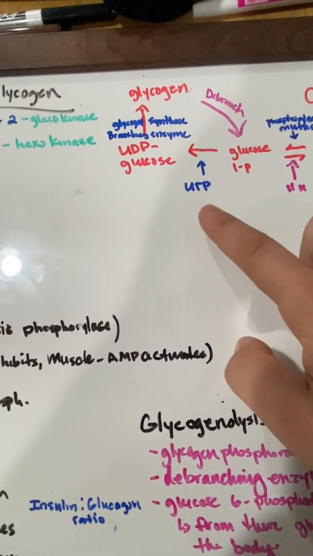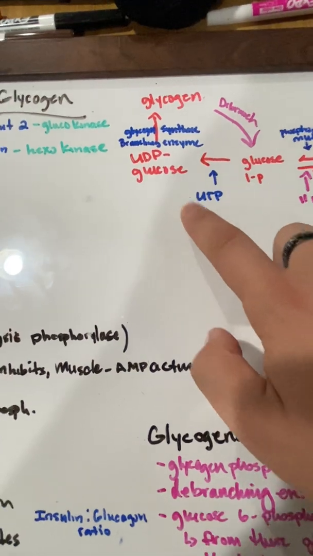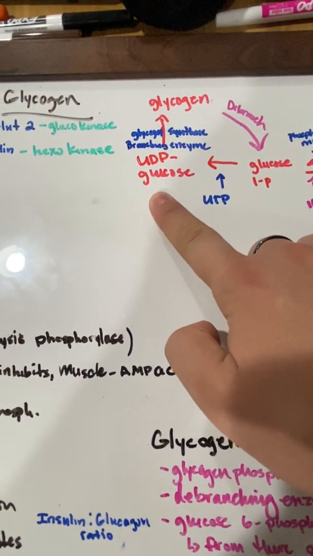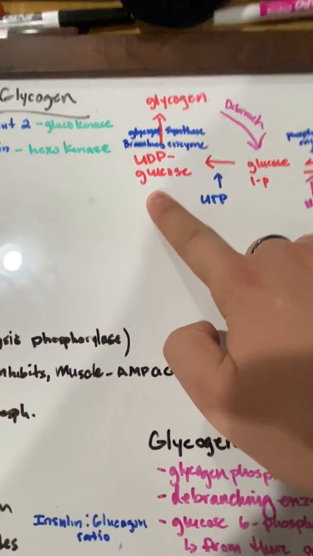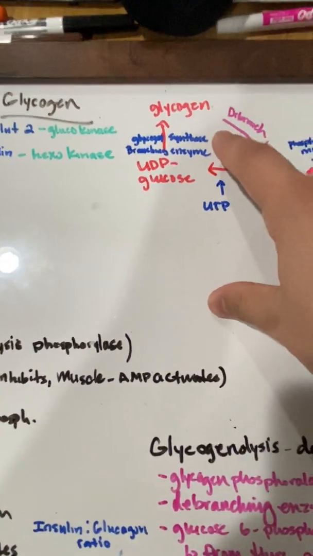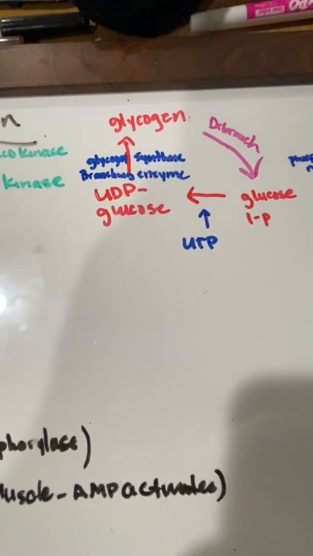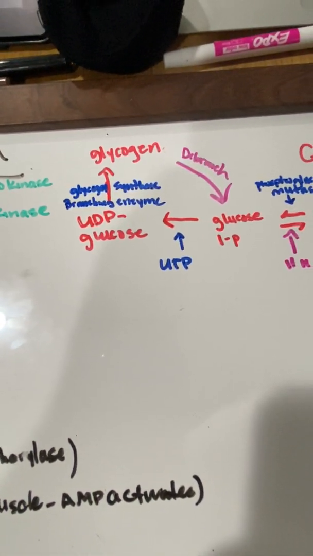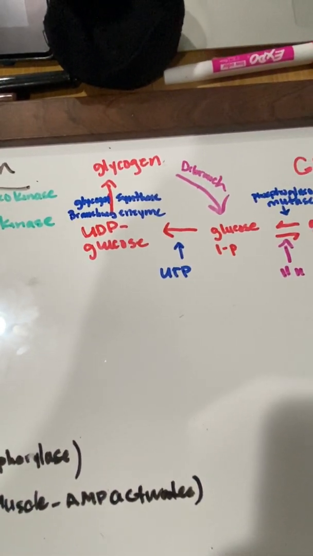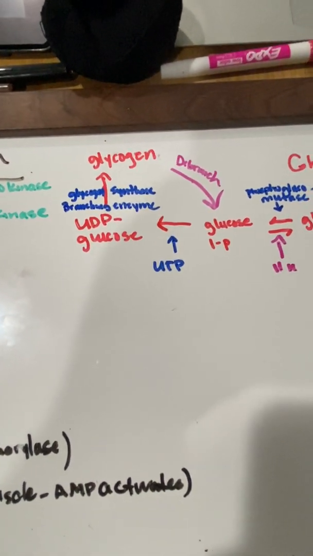From there, we use UTP to get UDP glucose, and from UDP glucose, we use glycogen synthase and the branching enzyme to make glycogen.